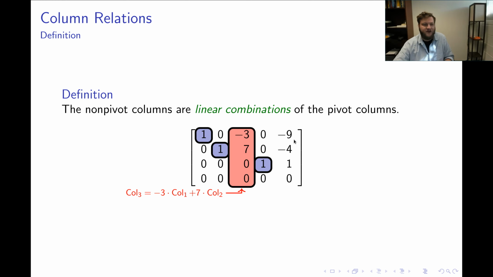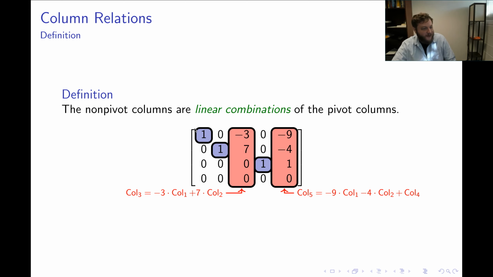The second non-pivot column here is column 5. The coordinates in column 5 are -9, -4, 1. If I use those as the weights in a linear combination of the pivot columns, that expresses column 5 as a linear combination of the pivot columns.